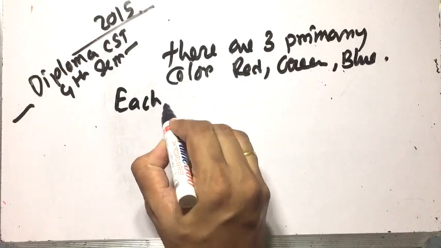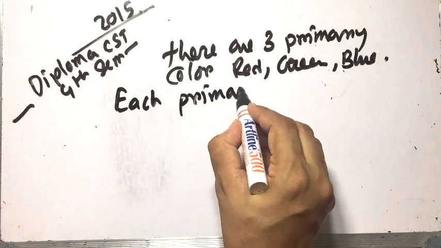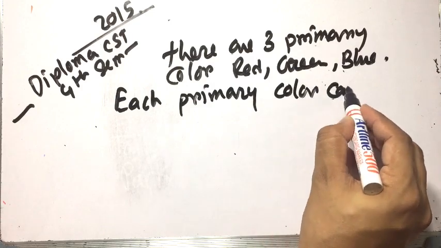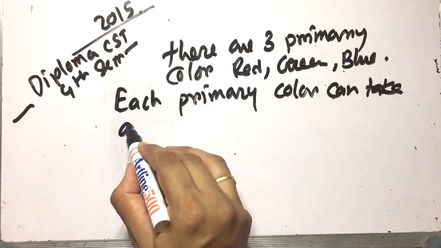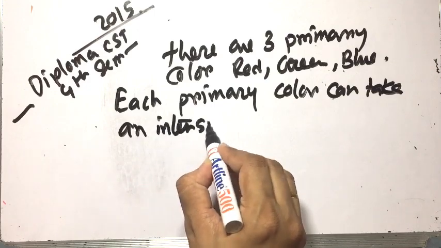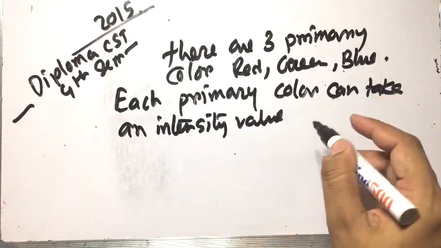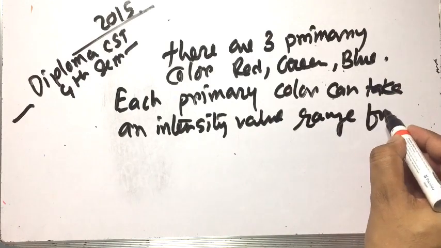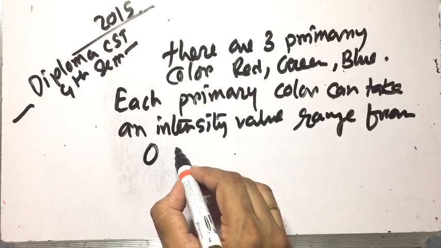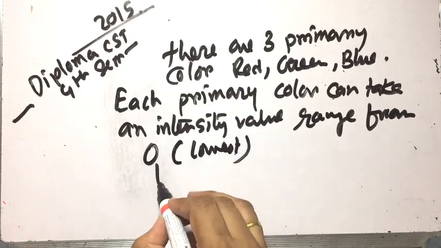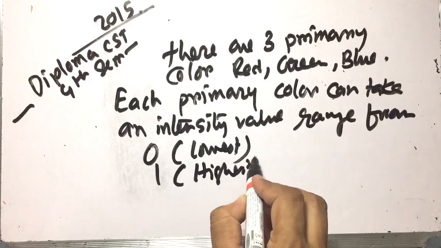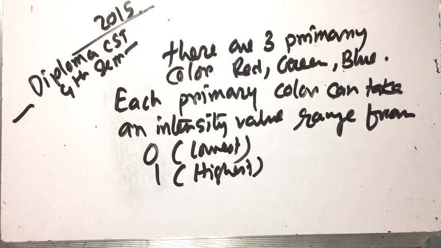Each primary color can take an intensity value ranging from 0, that is the lowest, to 1, that is the highest. So every intensity value is 0 or 1.